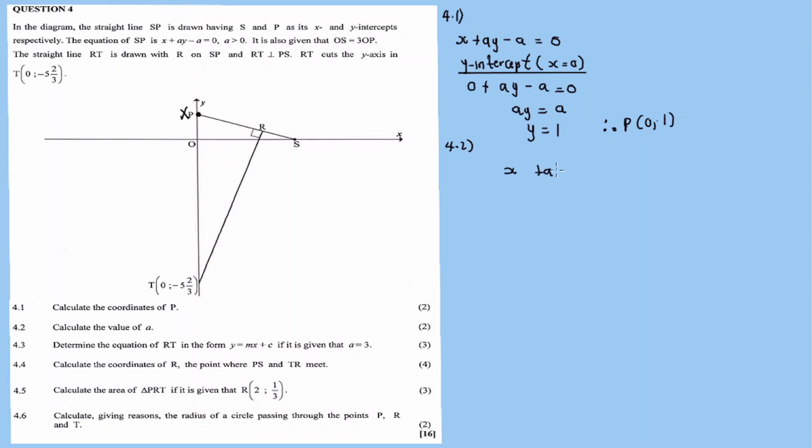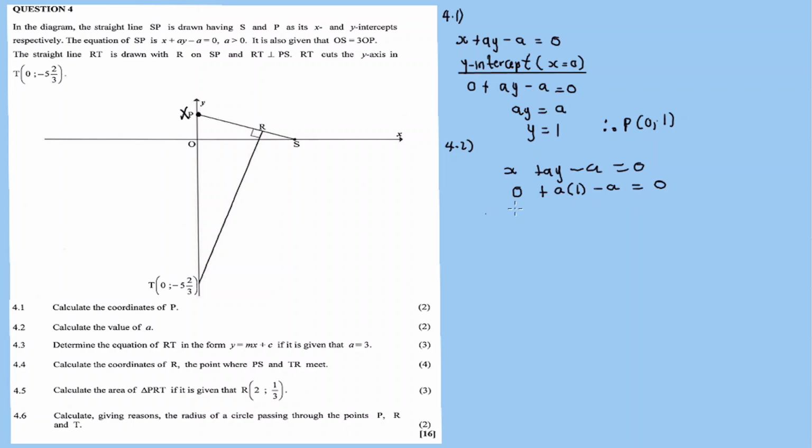x plus ay minus a is equal to 0. Let me take the point P and substitute, I want you to see what will happen. So 0 times a is 0, and y is 1, so it's 1 minus a is equal to 0.